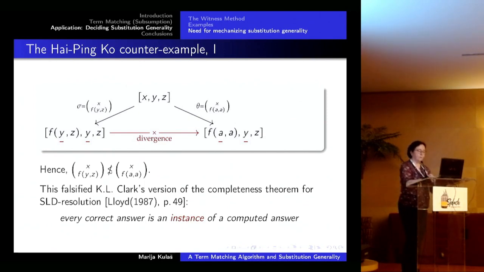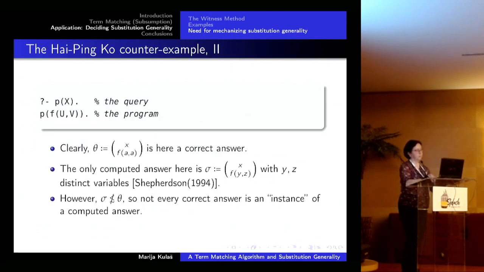Well, it's disproved with the counterexample by Hyping Cole, looking like this. We have this query and the program, and it can be seen that the only computed answer is x to f(y, z) with distinct variables y, z.